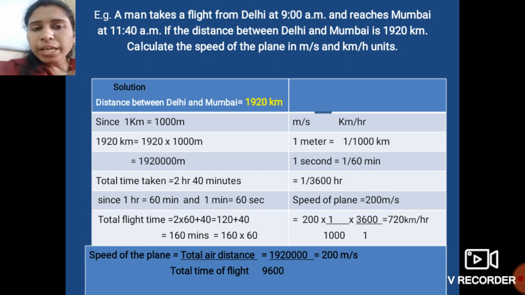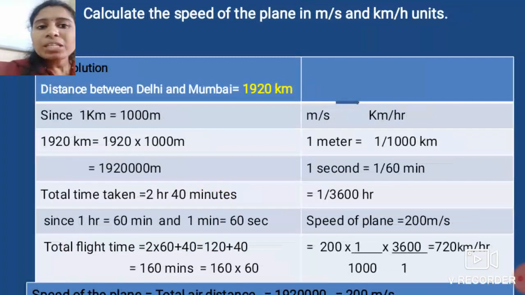But in what way? We know that 1 kilometer is equal to 1000 meter. Okay, so for 1 kilometer it is 1000 meter, so for 1920 kilometer, how many meters? We multiply by 1000.